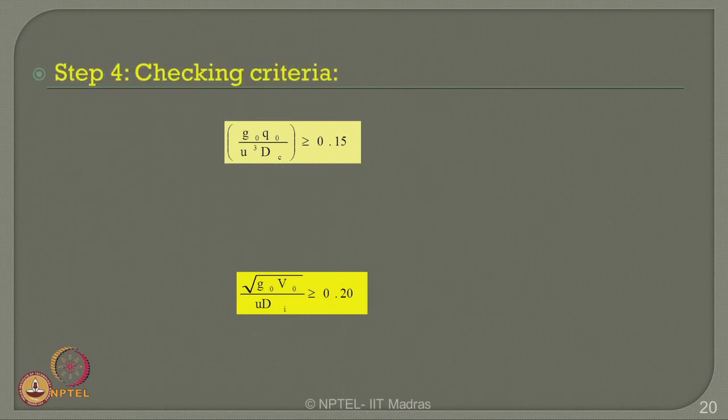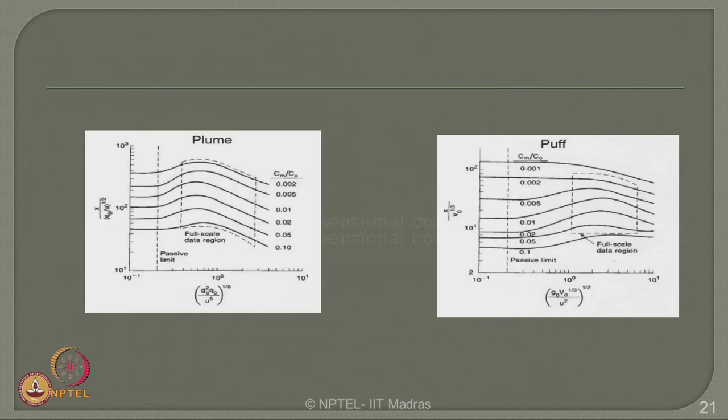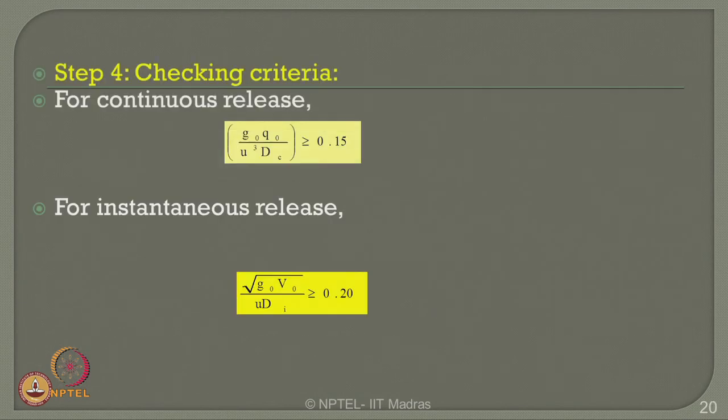In the next step, you can check the criteria. You already know the value of g0 obtained from step number 1. You know Dc or Di depending upon whether it is continuous release or instantaneous release. Therefore, for continuous release, you work out the checking criterion whether it satisfies this equation, the value should remain greater than or equal to 0.15 for the model to remain in a continuous release state.